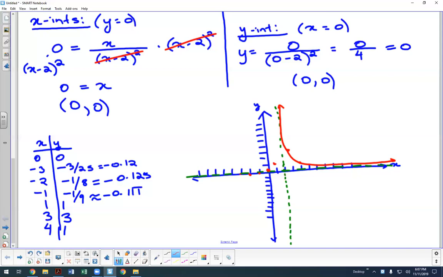At negative 3, we go up a little bit higher. So what should happen here is we should dip a little bit, because you are going to come down just a little bit, and then of course this arm will go up towards positive infinity. Obviously it's not going to be as prominent as what I drew, but it should give you an idea of what the function looks like.